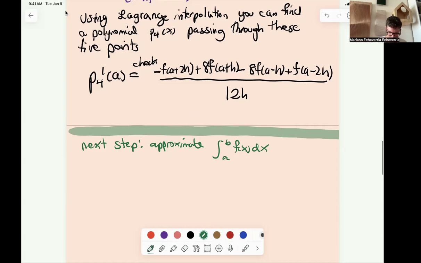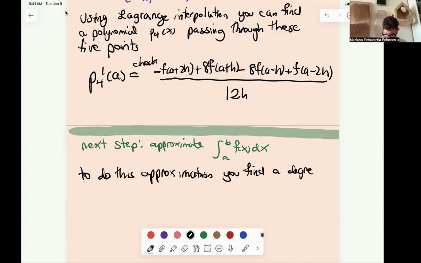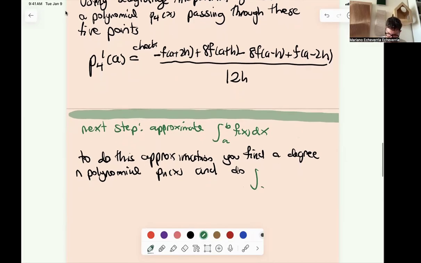To do this approximation, you find a degree n polynomial and do the integral of the polynomial instead.